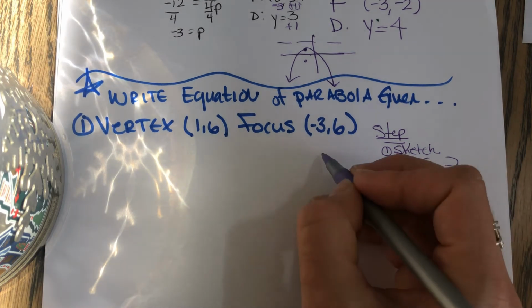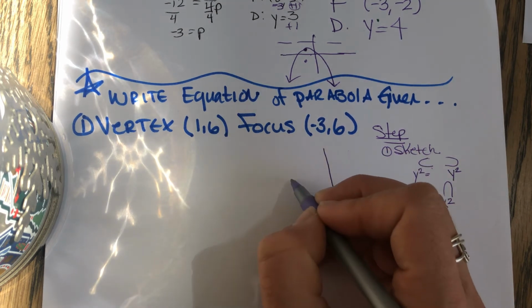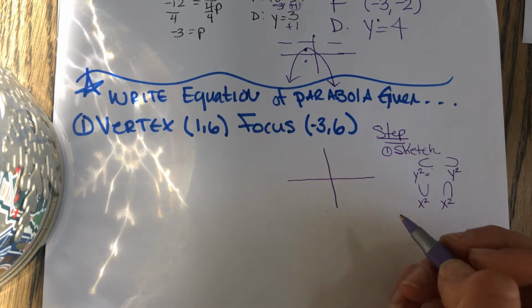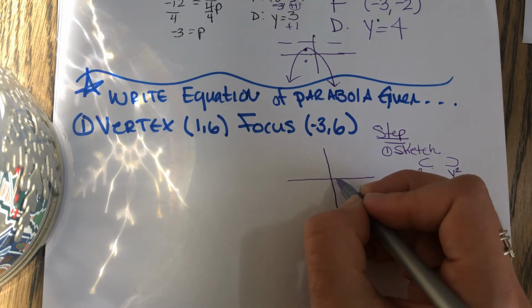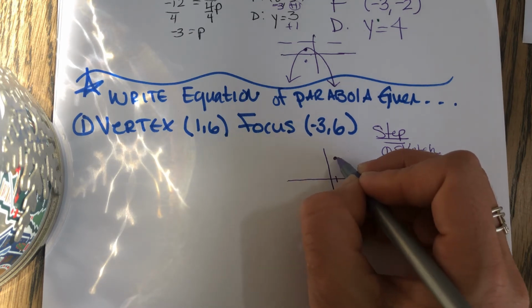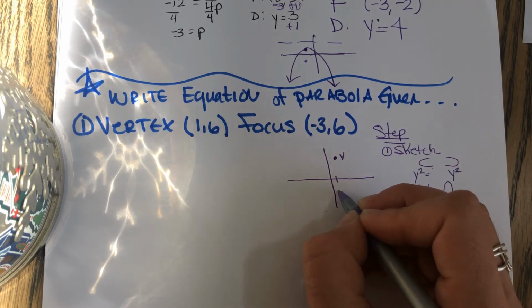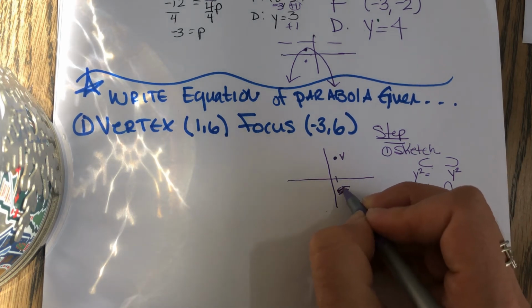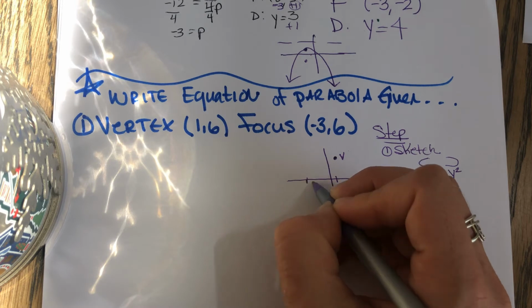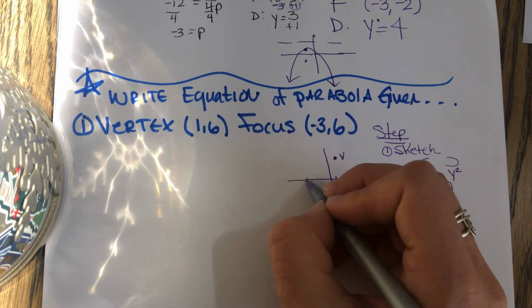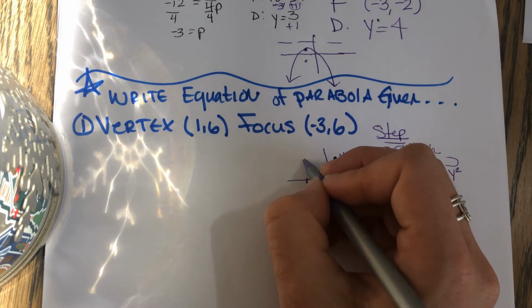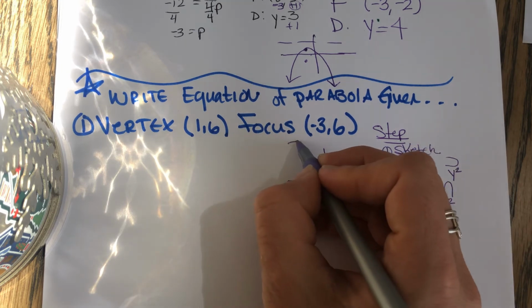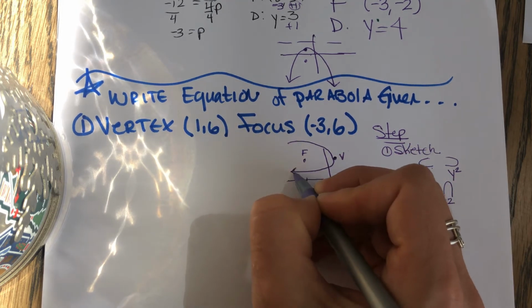All right, so if I do a kind of a sketch, so this is step 1. You have to make sure you know how to plot something. 1, 6 is vertex, and negative 3, 6 is focus. Negative 3, 6 is here, focus. Okay, so that means I'm eating my focus, so I know I'm going this way.